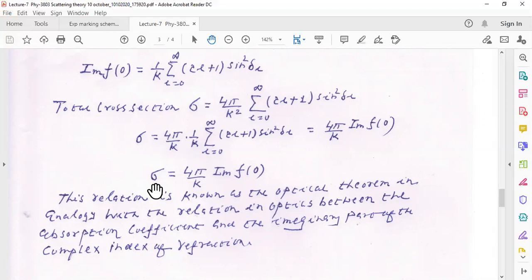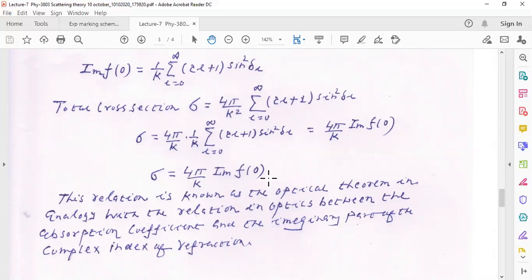And here we have a relation between the total scattering cross section and the imaginary part of the complex scattering amplitude. The scattering amplitude f theta consists of a real part and an imaginary part. So there is an analogy. This theorem is similar to the theorem in optics which relates the absorption coefficient with the imaginary part of the complex index of refraction.